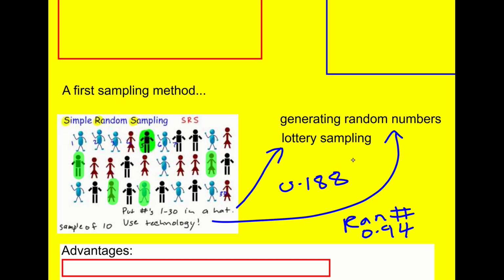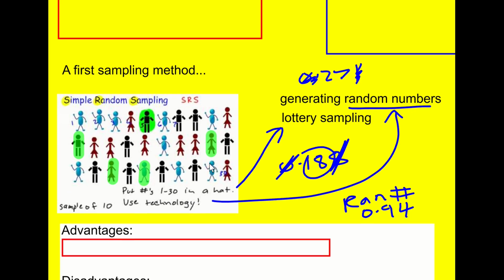So maybe I just ignore the third digit on all of my random numbers and ignore the 0, and that would give me the 18th person. The next one, I've got 0.805, so I'd ignore that, it's too big. The next one, 0.271, so I'd ignore the third digit, ignore the 0, and I'd look at my 27th person. That's a very quick way of generating random numbers to help me create my simple random sample.